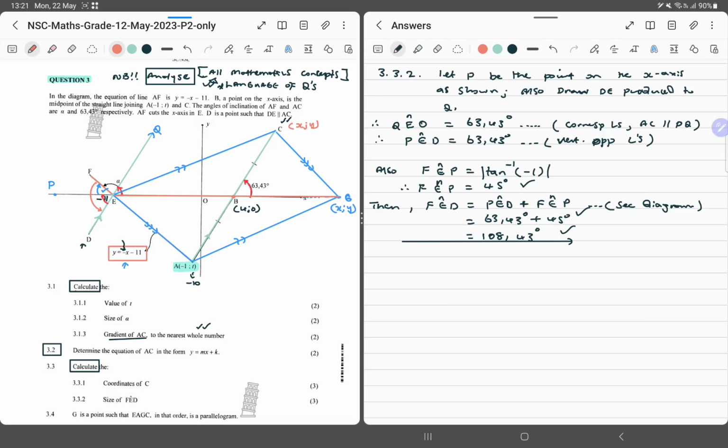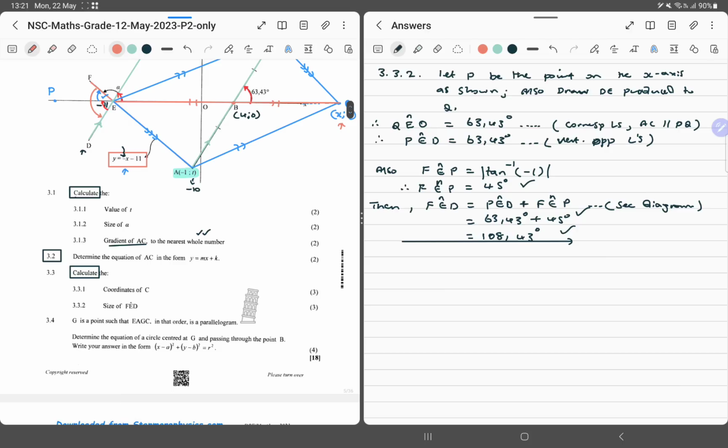So this one is going to be equal to that one. And we know for a fact that we are going to use this to find these coordinates right there. And once we've got those coordinates, what do we need?